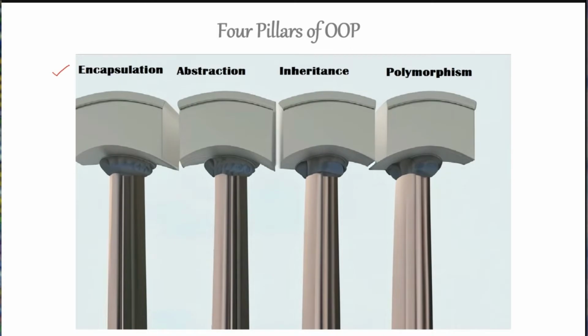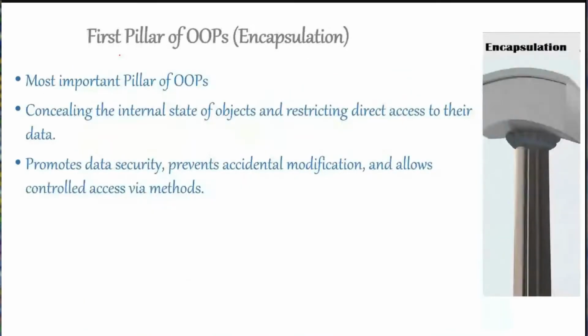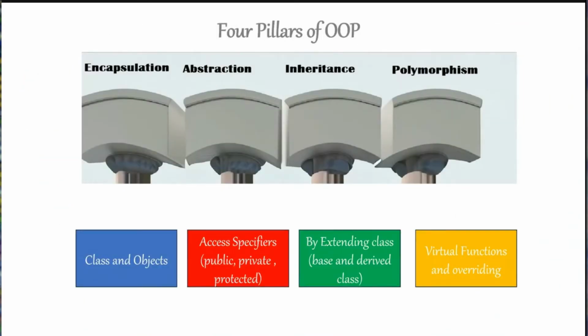The first pillar is encapsulation, second is abstraction, third is inheritance, and the fourth is polymorphism. To understand encapsulation, we have seen that in Java, this pillar is implemented through the concept of class and objects.